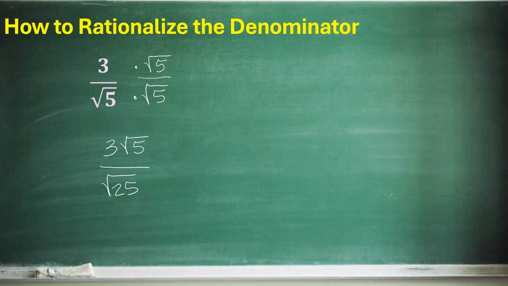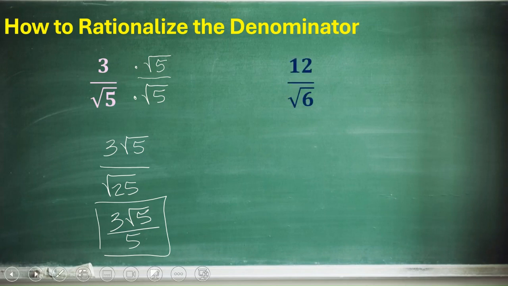By the way, I'm using the square root bar and radical interchangeably because they're the same thing. A radical is just any type of root, and a square root is specifically a root where it's a number that's multiplied by itself. Okay, so we end up with 3 times the square root of 5 divided by 5. And this is our simplified answer.